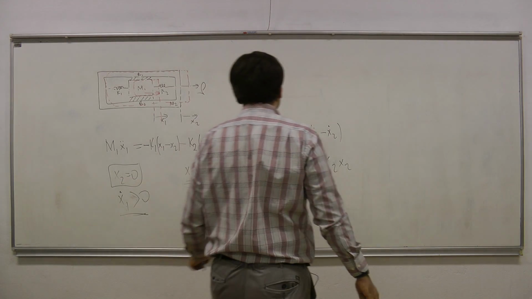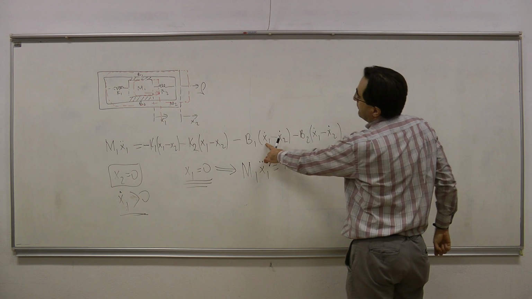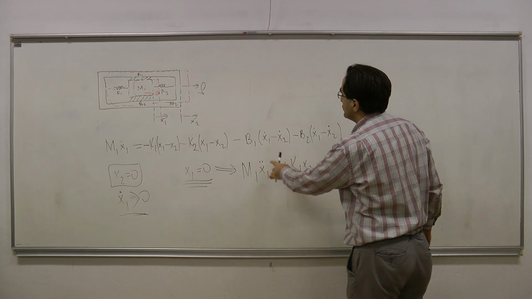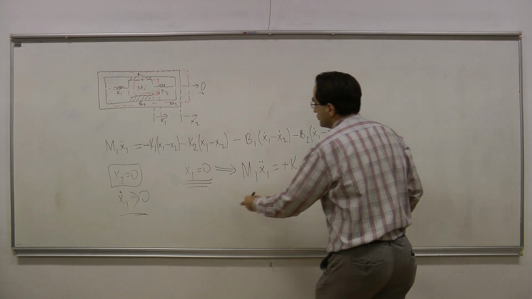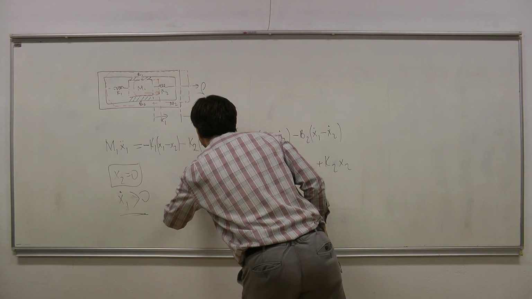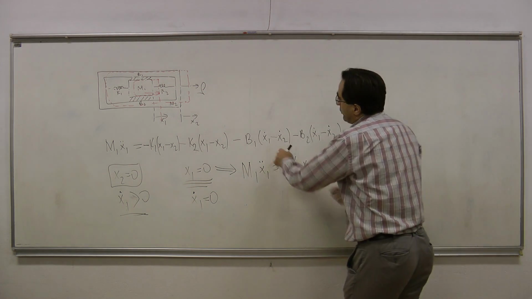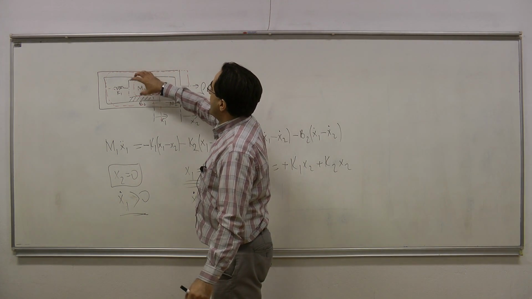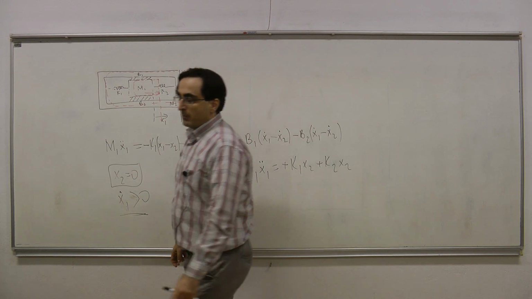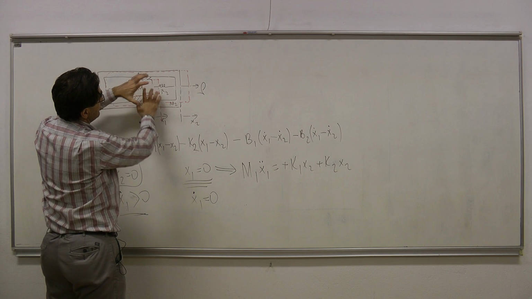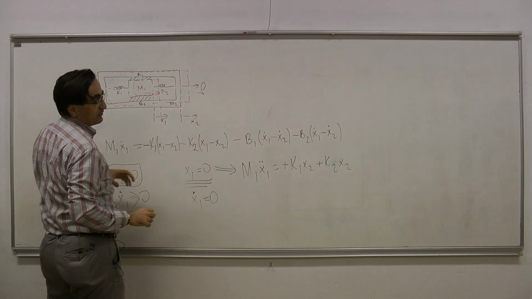And what about the friction effects? Suppose that x1 dot is also equal to 0. Suppose that I don't move m1 at all, but suppose I move only the outer case towards the right with fixed velocity.